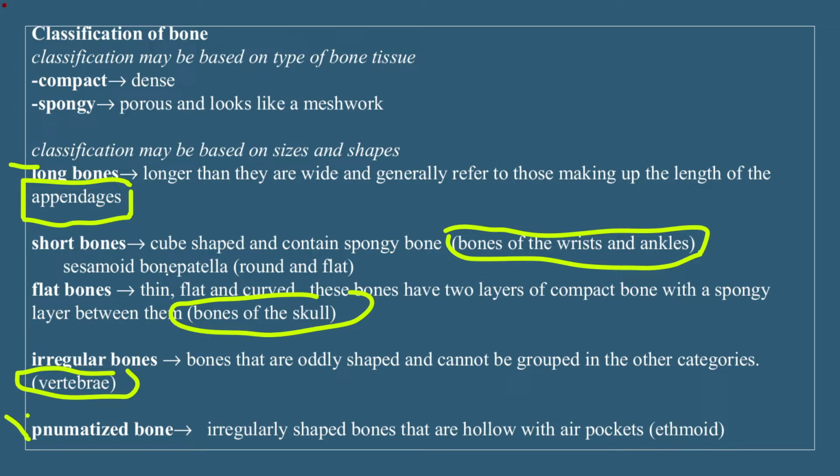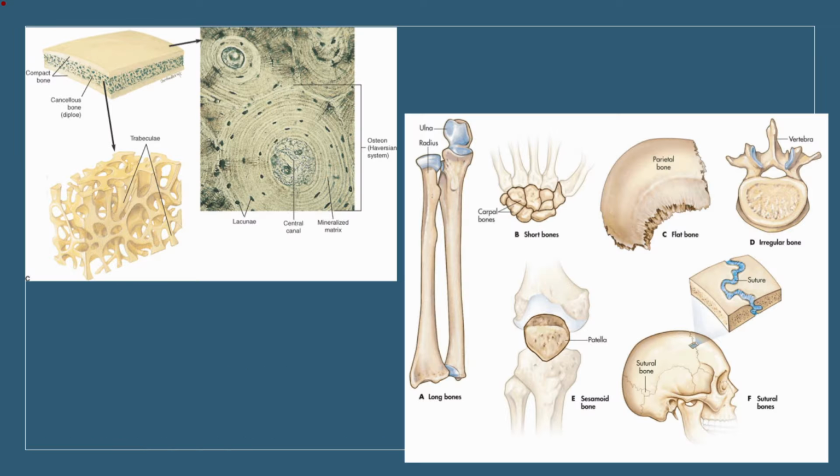This is bone that is hollow and has air in it. An example of that would be the ethmoid bone. So you can put that one down. Okay, and we looked at the pictures like that.